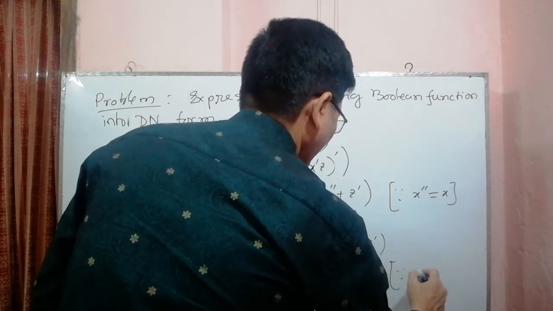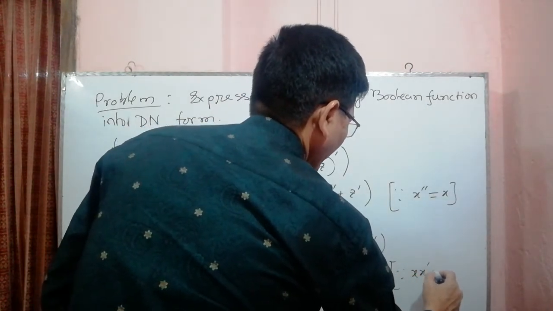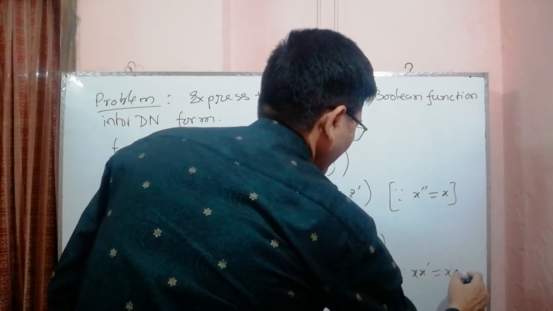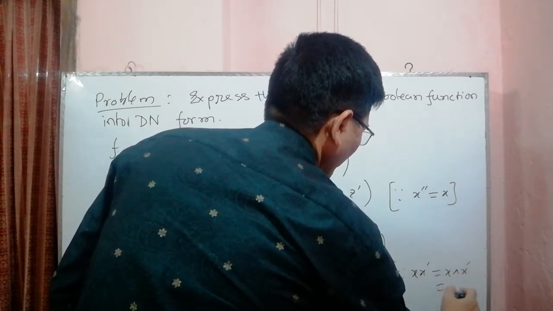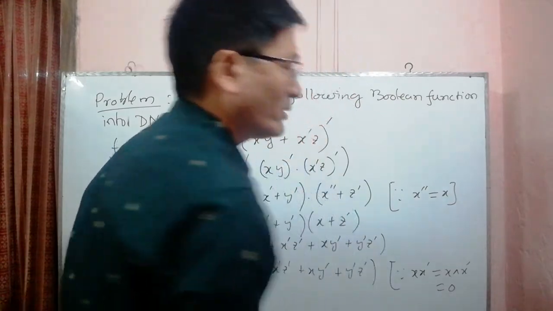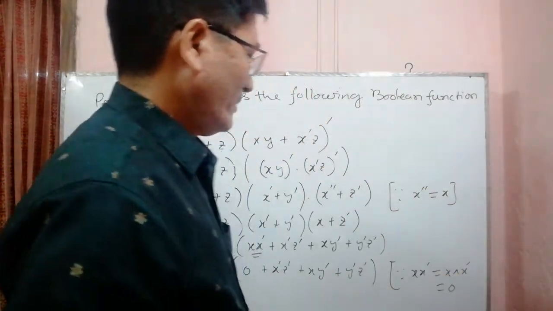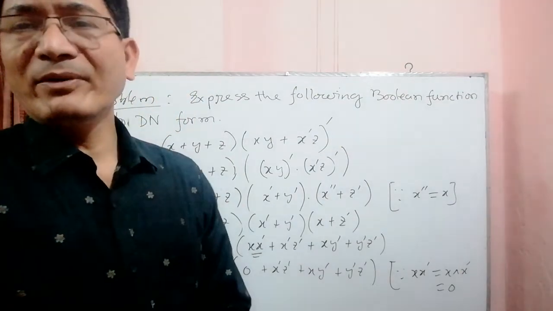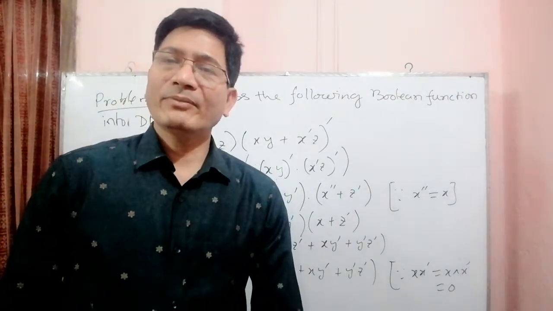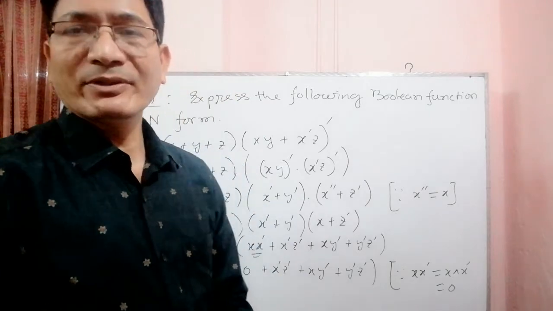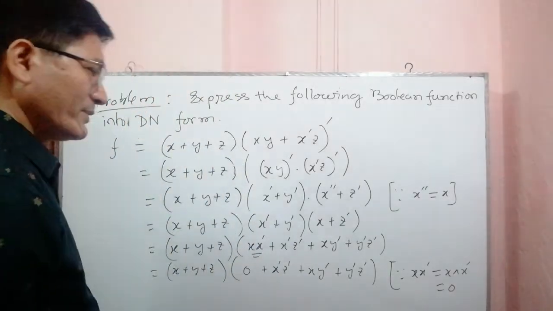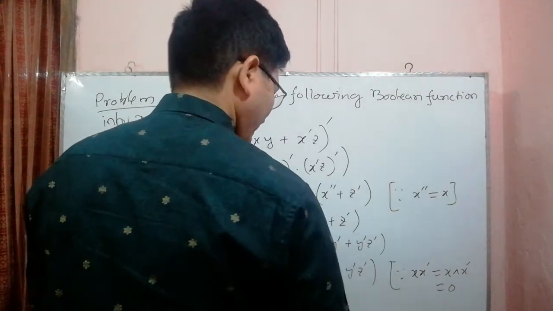Another reference: x prime means x meet x prime, and this will produce 0. You know the rules of complement: the meet of any variable and its complement produces 0, and that is why we get 0 here, dear students.